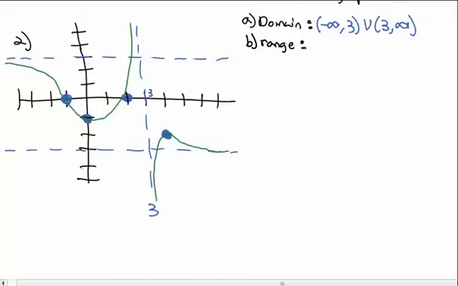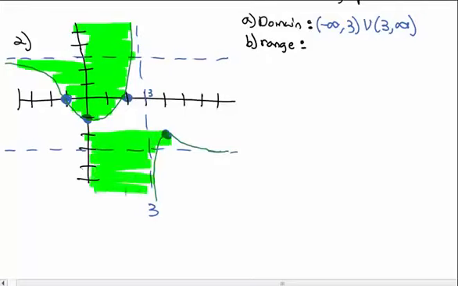Range then? Range is the y values, and so if we look at how the graph touches the y values, notice we do go through the asymptote, coming down here, then again down here, and it goes all the way down. What I want to notice is there's actually a gap in the range between the lowest point on the left and the highest point on the right.